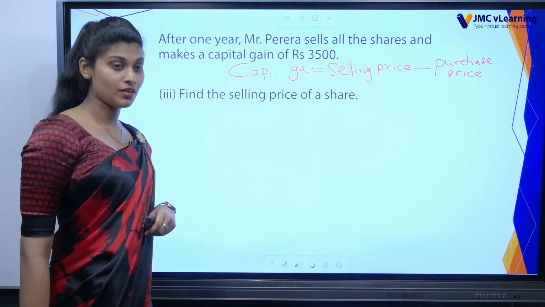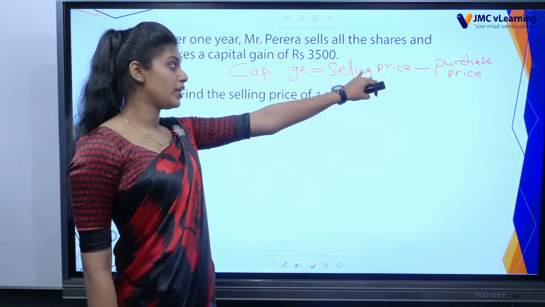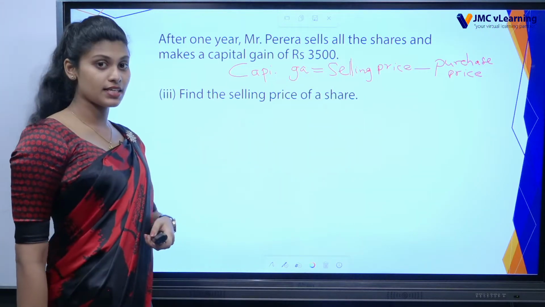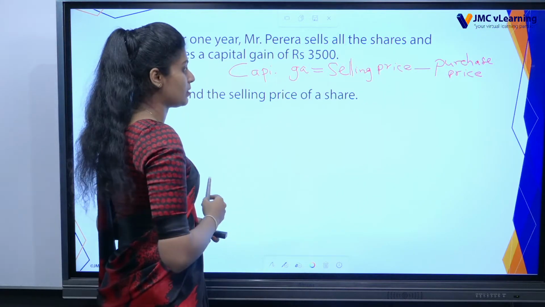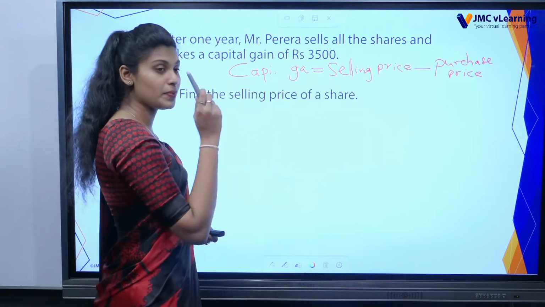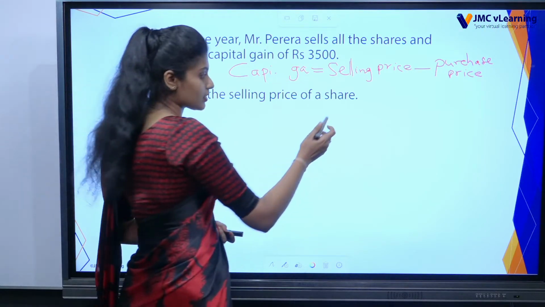In this question, we have to find the selling price. When you take the selling price as the subject, you have to take the purchase price to this side. That means you have to add the capital gain and the purchase price to get the selling price.